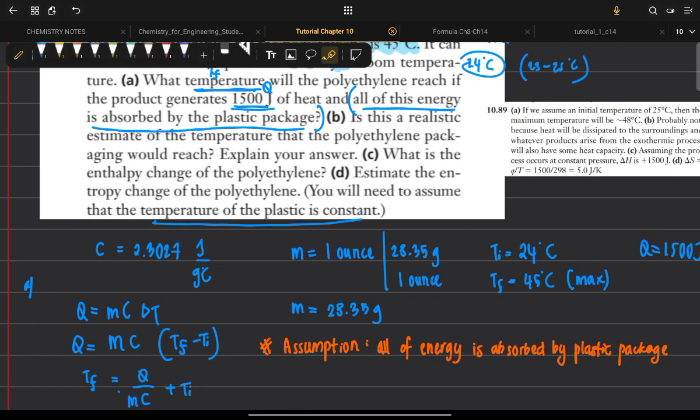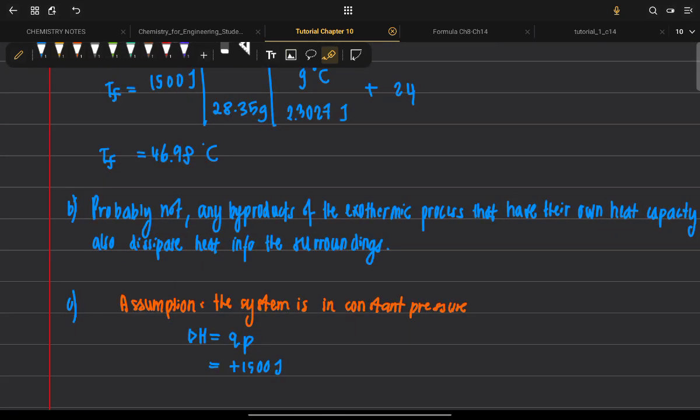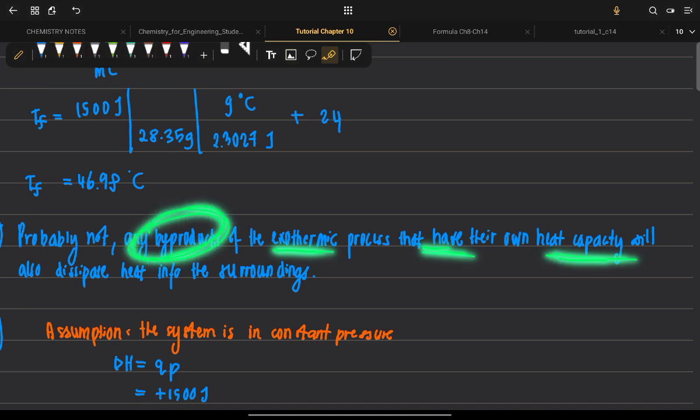B. Is this a realistic estimate of the temperature the polyethylene packaging would reach? Probably not. They want our explanation. I said probably not because any byproducts or side products we get from the process, which is an exothermic process, have their own heat capacity.